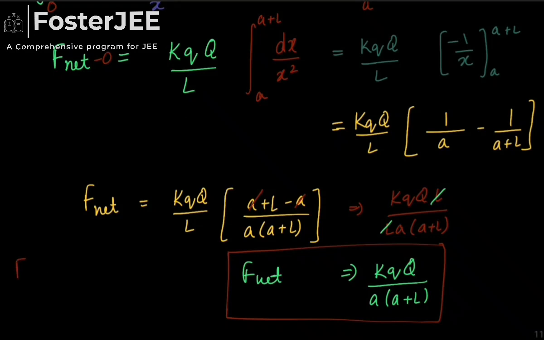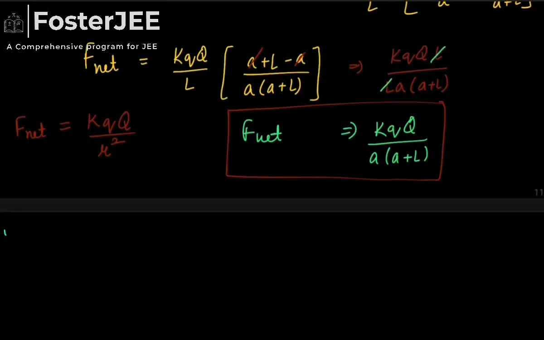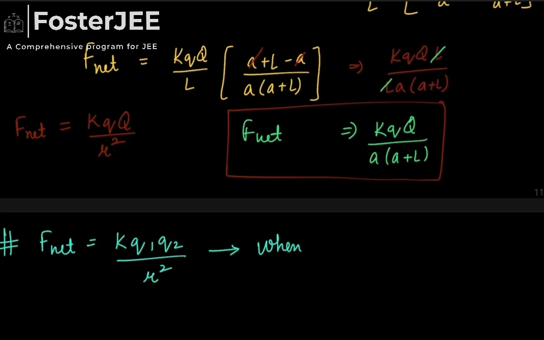Now comparing this with the force between any two particles of charge q and capital Q, that will be k q capital Q upon r square, where r is the distance between the two charges. From here we will conclude that F net equals k q1 q2 upon r square is applicable when q1 and q2 are point charges.